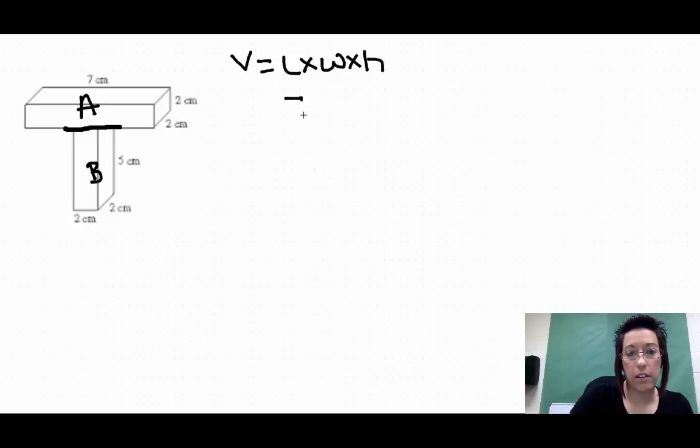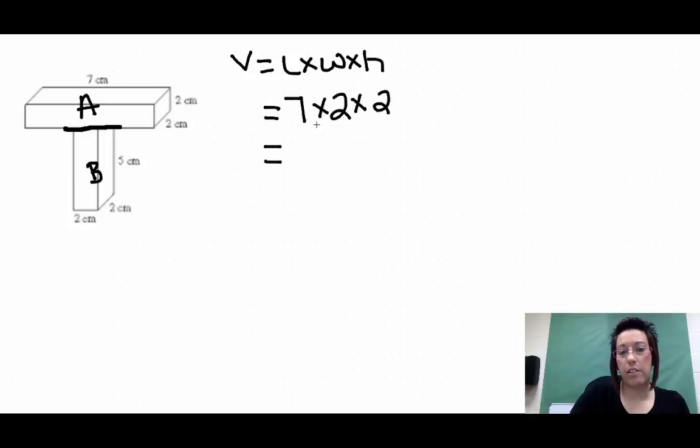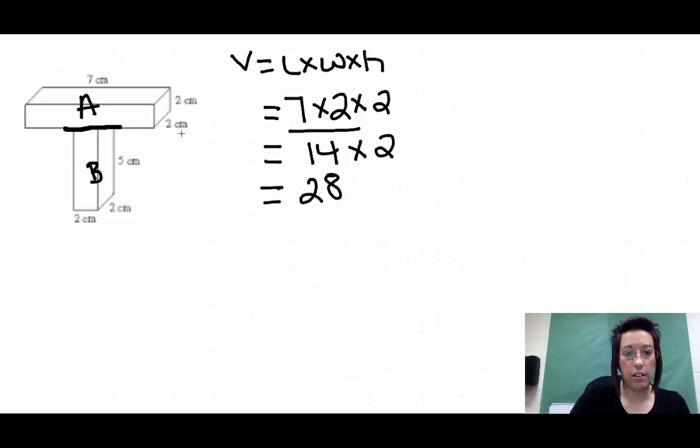Length is 7 across times 2 going back times 2 is the height. We work it step by step. 7 times 2 is 14 times 2 equals 28. Centimeters are our units again, and it is cubed because it is volume.